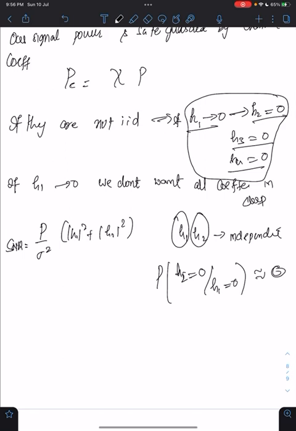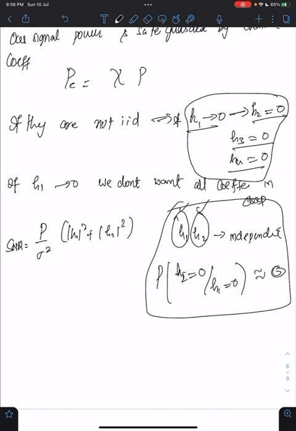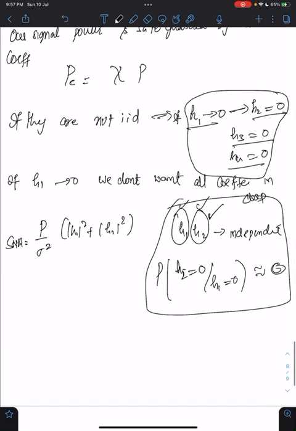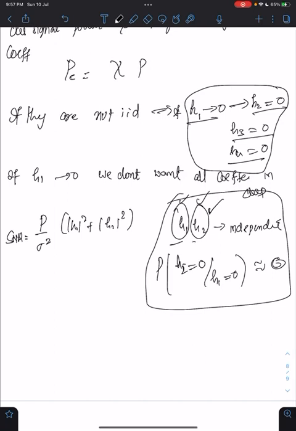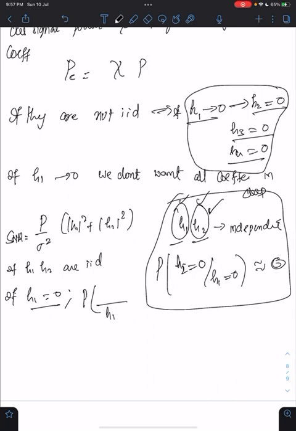There is very little chance that if h1 goes to deep fade, h2 will also be in deep fade. So if h1 goes to deep fade, h2 will come to the rescue, because independence makes sure that if h1 goes to 0, h2 does not have to be 0.